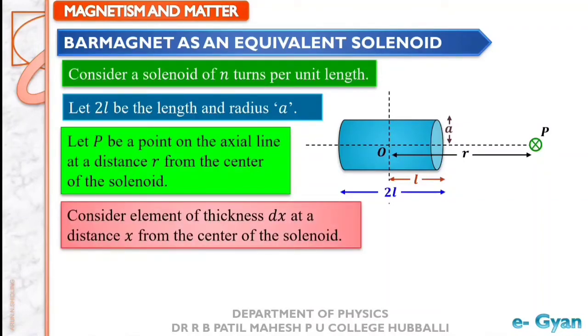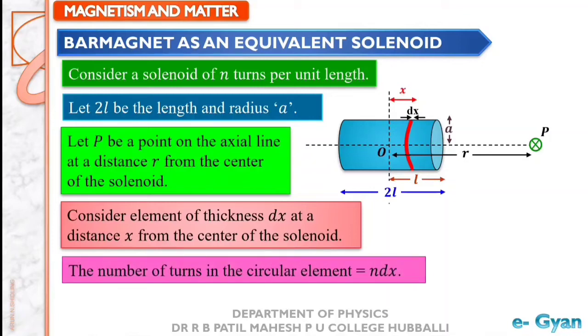Next, let us consider a small segment of the solenoid, just like a thin ring of the solenoid. I am going to take a small portion of the solenoid, and you can take it like a current loop here. The current loop's thickness is dx, and the current loop is at a distance of x from the center of the solenoid.